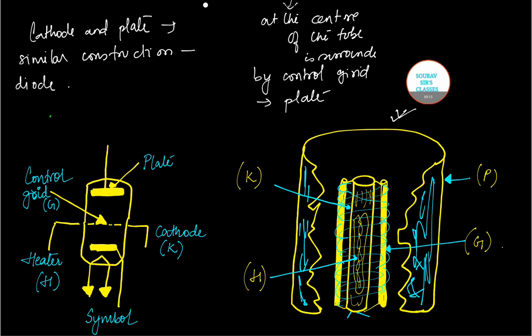Now the control grid, represented by G, consists of a fine wire mesh that is placed very close to the cathode.